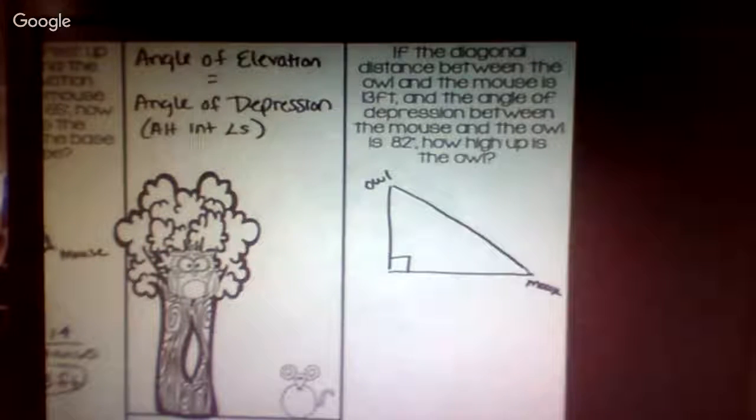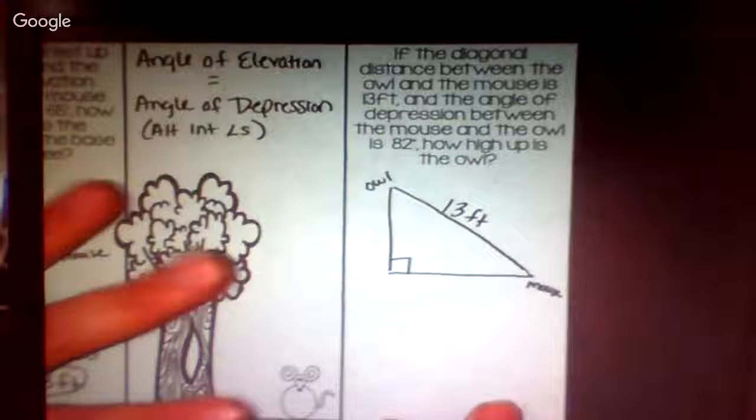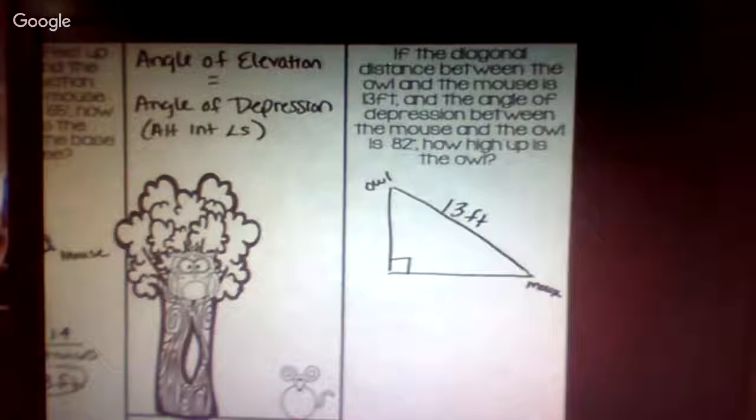Okay, if the diagonal distance between the owl and the mouse is 13 feet, where does that go? Hypotenuse. It goes on your diagonal. The angle of depression between the mouse and the owl is 82 degrees. Where else can I put that?